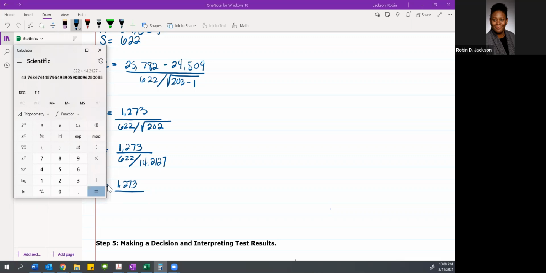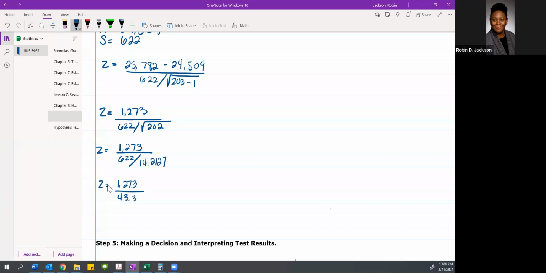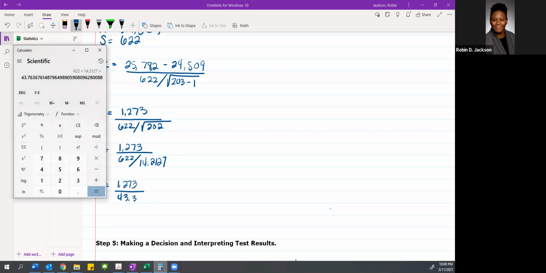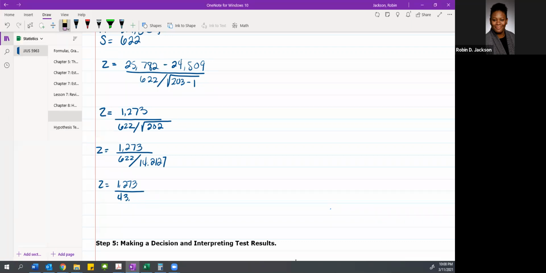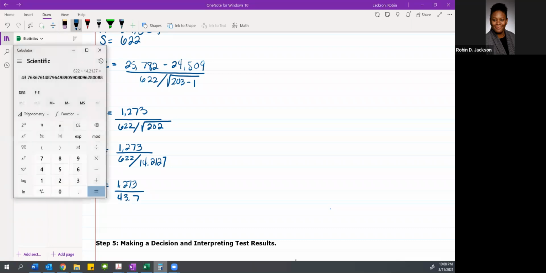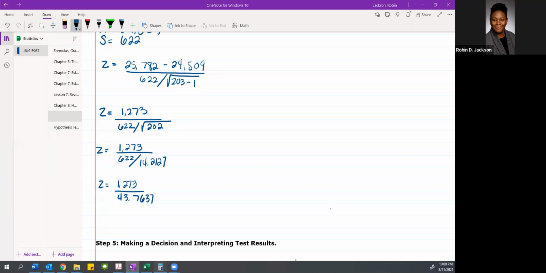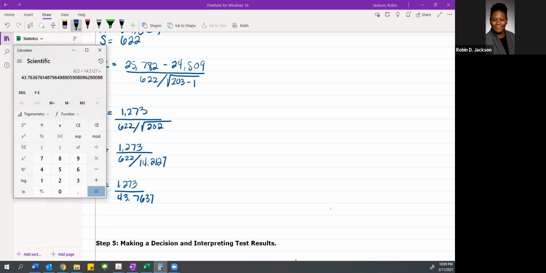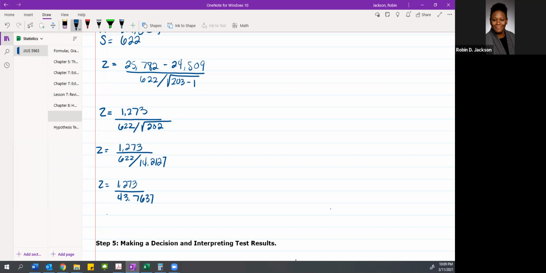I went too many numbers. So it's going to be 7636 which is followed by 7. That's going to be 7. So it's going to be 43.7637. All right. This is why it's good to double check. I think that was a 7. That's right. Okay, it was 7637. Let's check it one more time. 43.7637. Okay, yes.